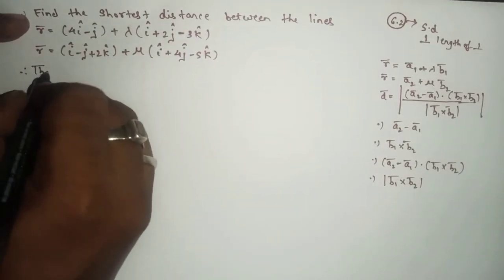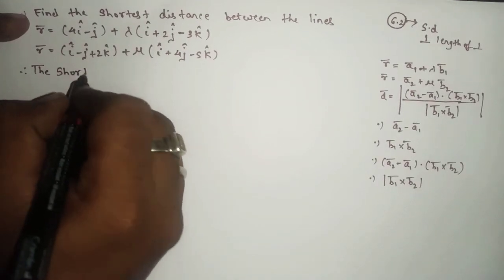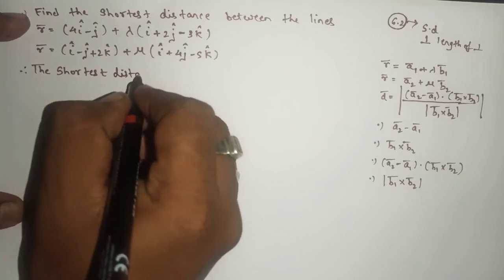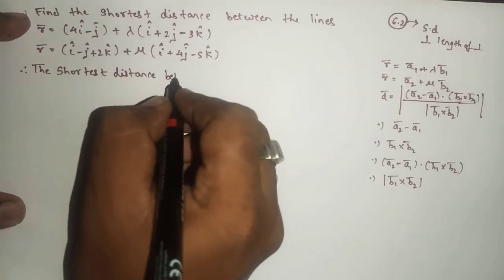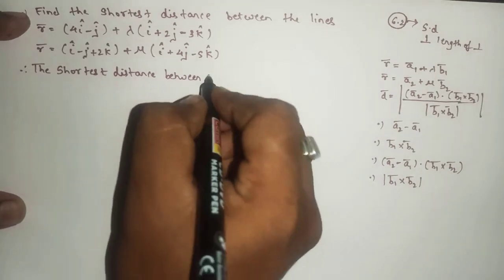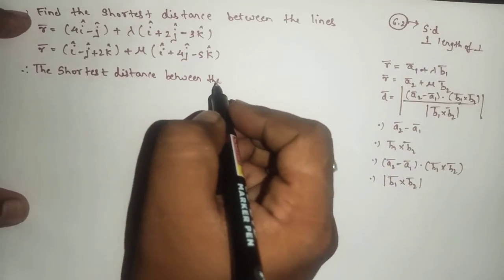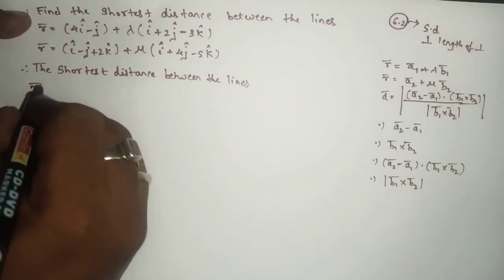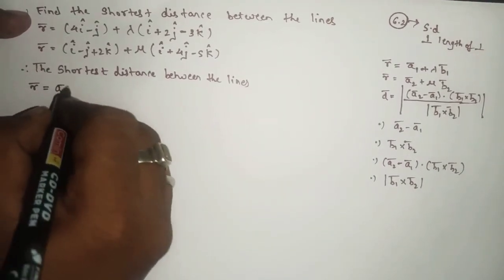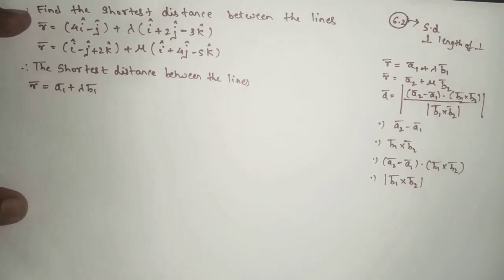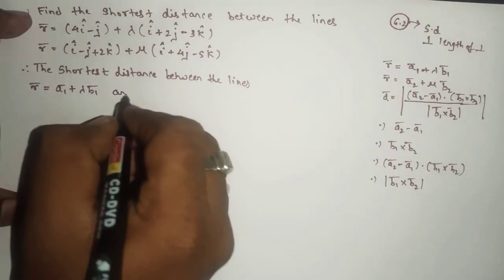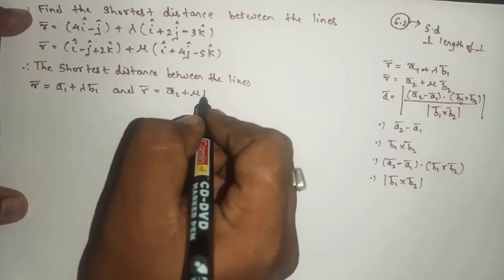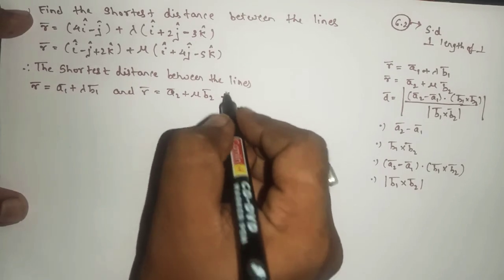First you will write the shortest distance between the lines r equals a1 plus lambda b1 and r equals a2 plus mu b2.